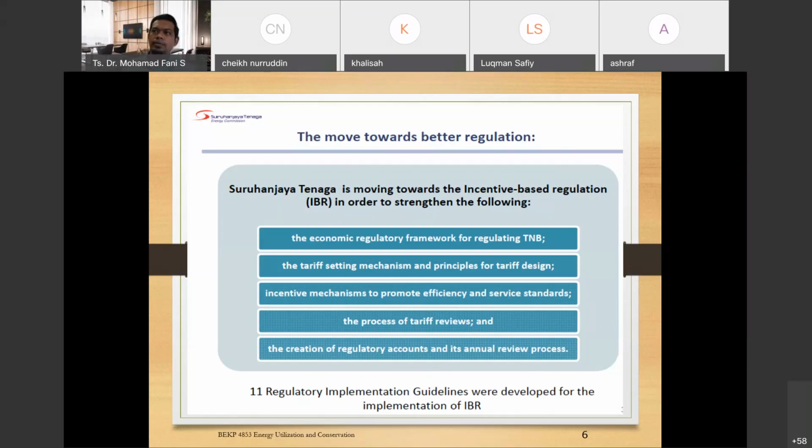If they achieve this list of KPIs, they have the promotion to receive the revenue from this regulatory account.